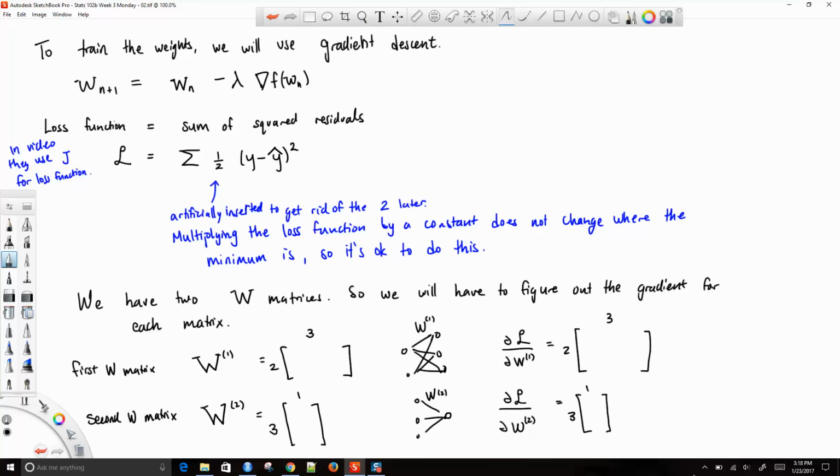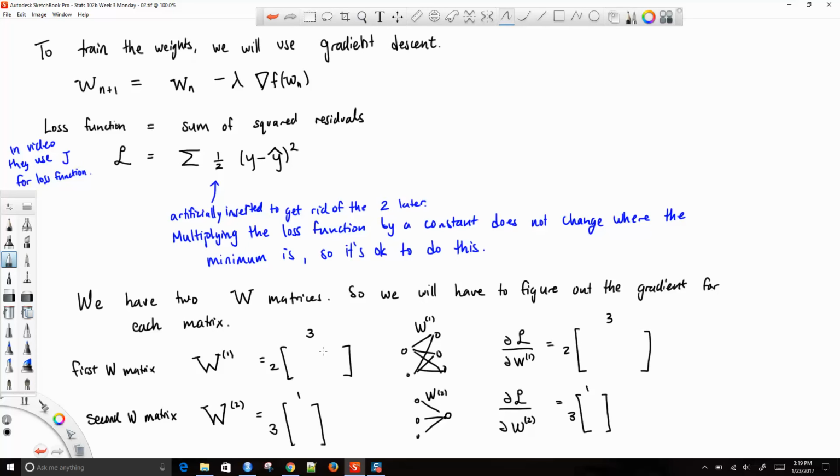Okay, so we're going to take the derivatives with respect to W2 and W1, and this is where backpropagation happens. We're just seeing how our loss function is affected by everything going through the network.